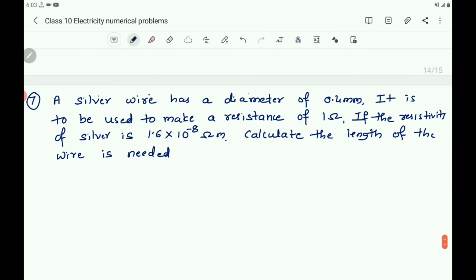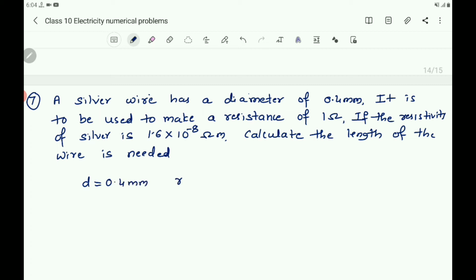Here what is given? A silver wire has a diameter of 0.4 mm. It is to be used to make a resistance of 1 ohm. If the resistivity of silver is 1.6 into 10 power minus 8 ohm meter, calculate the length of the wire needed. Diameter is given, that is 0.4 mm.